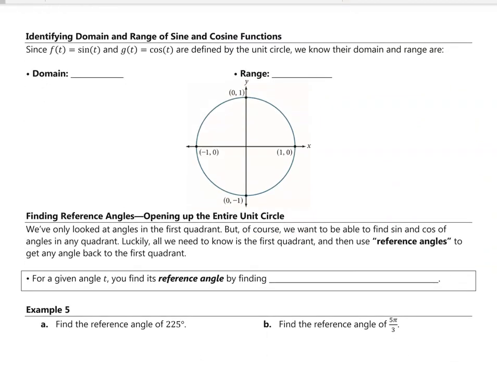Next one, identifying domain and range of sine and cosine functions. Since f of t is equal to sine of t and g of t is equal to cosine of t are defined by the unit circle, we know their domain is from negative infinity to positive infinity, and since it's a unit circle, the range is from -1 to +1.